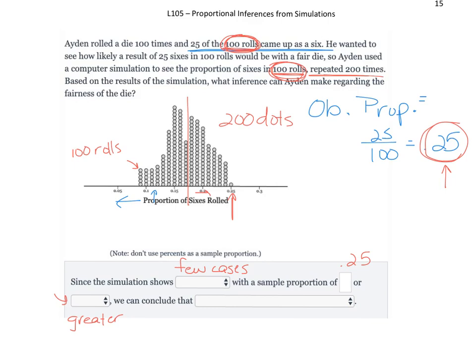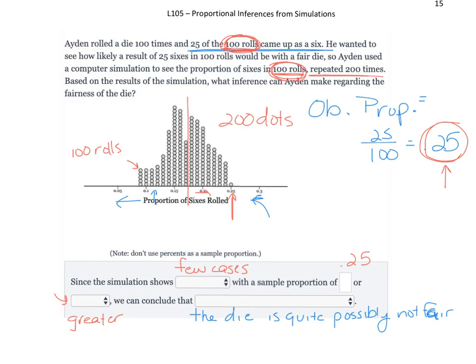We can conclude that the die is quite possibly not fair. Since it really didn't happen very often on this chance simulation, what happens by chance when I made a computer do a bunch of situations like this, we can assume that it's quite possibly not fair.